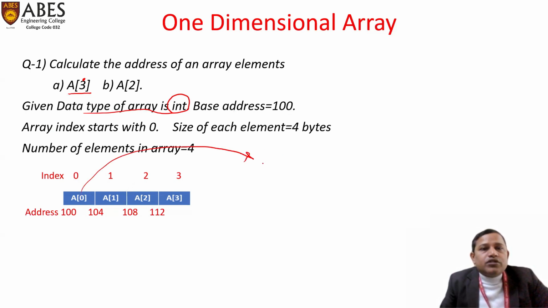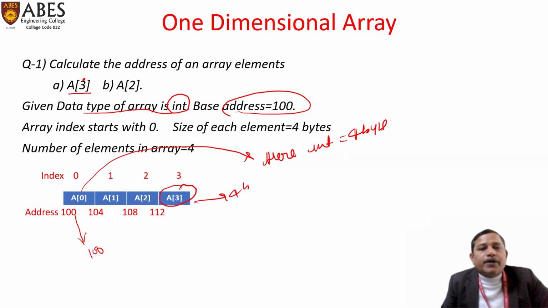Suppose it takes 2 bytes or 4 bytes, whatever you assume, and it is given that the base address is 100. Base address means the address of the first element, which is 100. The next element is at a contiguous location. Here we assume an integer takes 4 bytes, so the size of one element is 4 bytes.